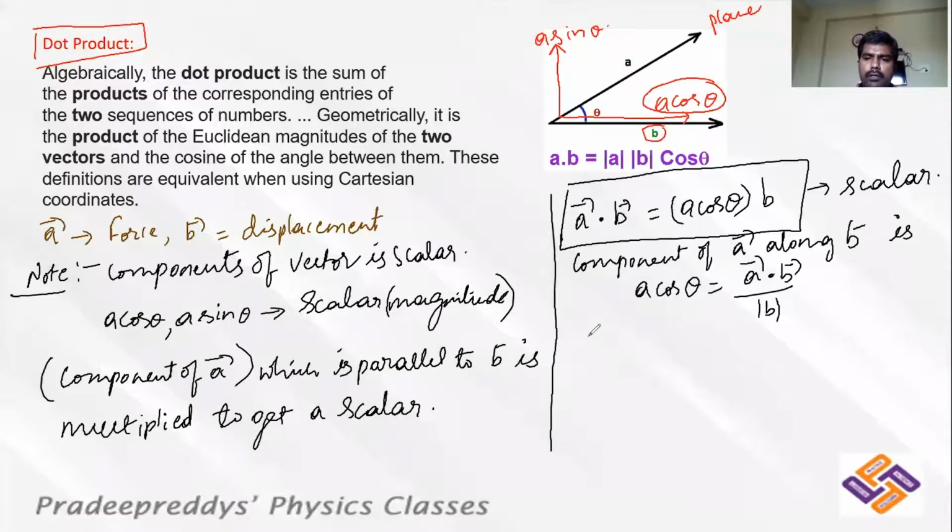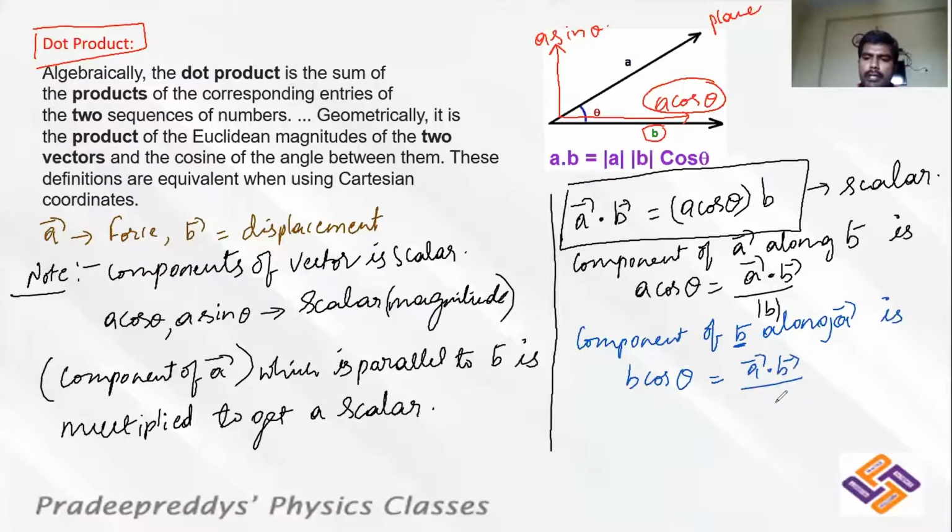Similarly, you can find the component of b bar along a bar, which becomes b cos theta. B cos theta is equal to a bar dot b bar divided by the magnitude of a, right? So these are the two equations. Using these, you can find the component of a bar along b bar or the component of b bar along a bar.